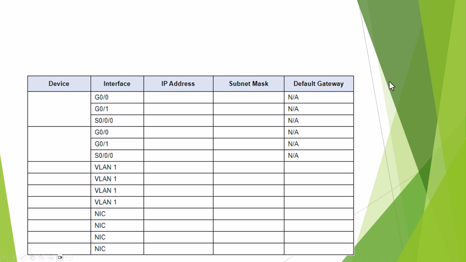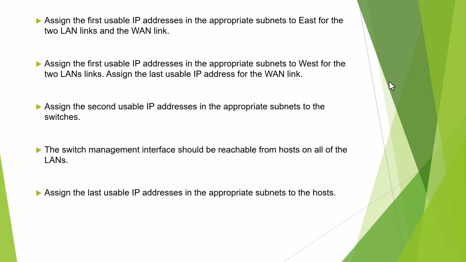So to do that: assign the first usable IP address in the appropriate subnet to east for the 2 LAN links and the WAN link. First usable. Assign the first usable IP address in the appropriate subnet to west for the 2 LAN links. The big one I want to point out: WAN link first usable will be 145.